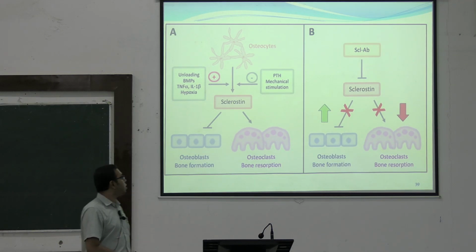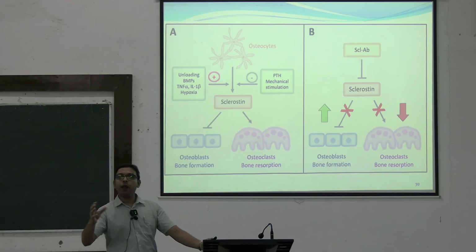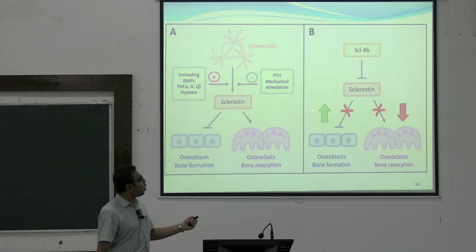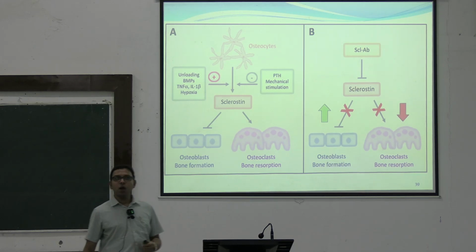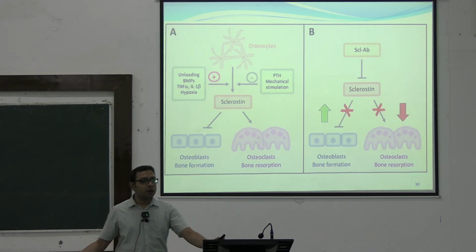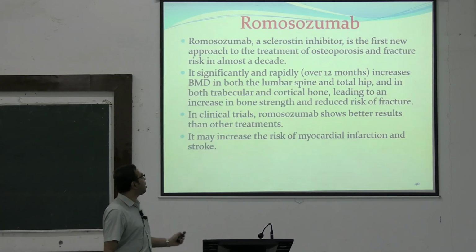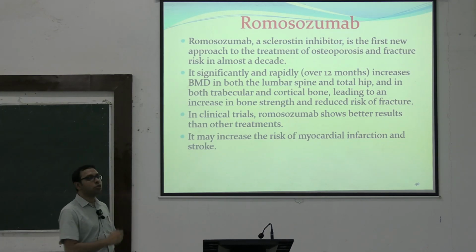Now again, like the previous one, we can develop an antibody that can block the sclerostin. So this is a monoclonal antibody that can block the sclerostin. If we are blocking the sclerostin, the blockage of osteoblastic bone growth will be less, and the osteoclastic bone resorption will again be less. This is known as Romosozumab.